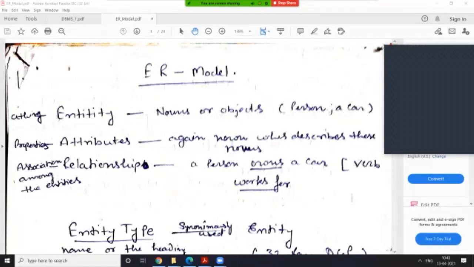I am describing the attributes of that noun, that is, faculty. This description, the descriptive property of any kind of entity, is known as an attribute. By using these kinds of verbal expressions, sentences or discussion, you can easily identify the various attributes of the corresponding entities.